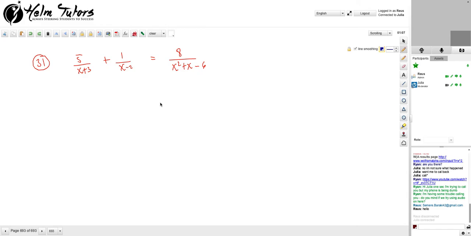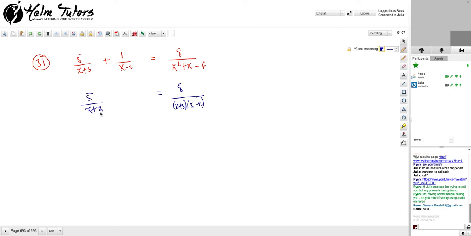So the denominator on the fraction on the right is the same thing as x plus 3 times x minus 2. So you're saying let's write the right side as 8 over x plus 3 times x minus 2? Sure, we can do that to start. Go ahead.